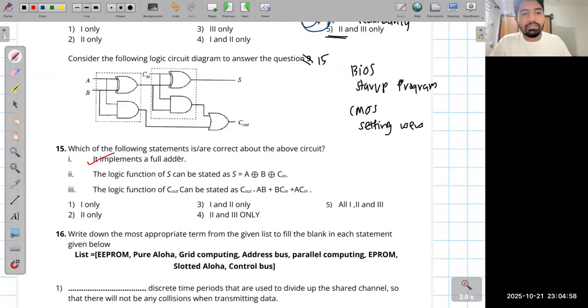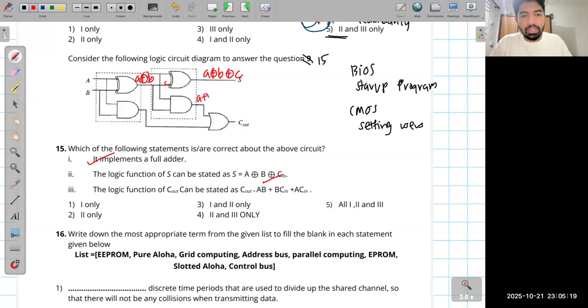Yes, it is a half adder, because XNOR and XOR. The logic function of S can be stated as A XOR B XOR C. The logic function of C can be stated as AB plus BC plus AC.